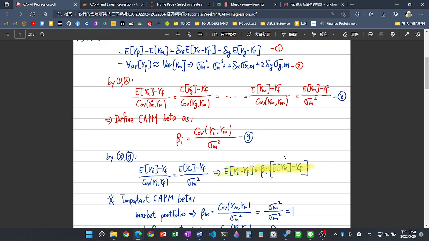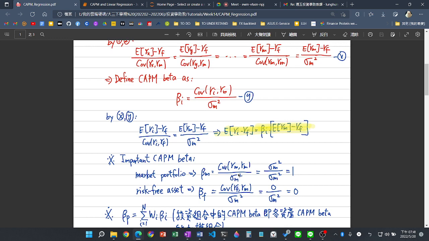If we combine the two, we get this expression in the highlighted part, and this is essentially what we want, right? It looks like a slope, and this has something to do with the linear regression that we are going to mention later on. But here, let's just introduce the important beta.